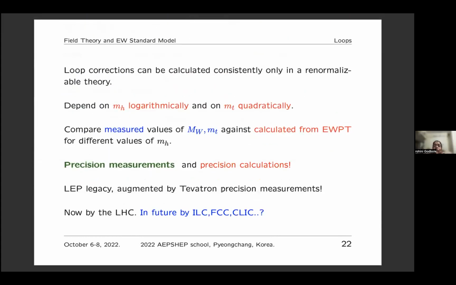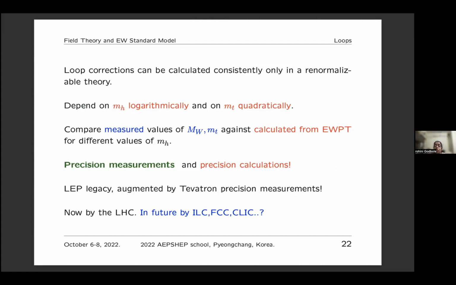As I said, the loop corrections are calculated consistently in a renormalizable theory. I repeated that they depend on MH logarithmically, on MT quadratically. And what one does is compare measured values of MW and MT, particularly, which are the most critical, against those calculated from the electroweak precision fits for a large number of values of Higgs masses.